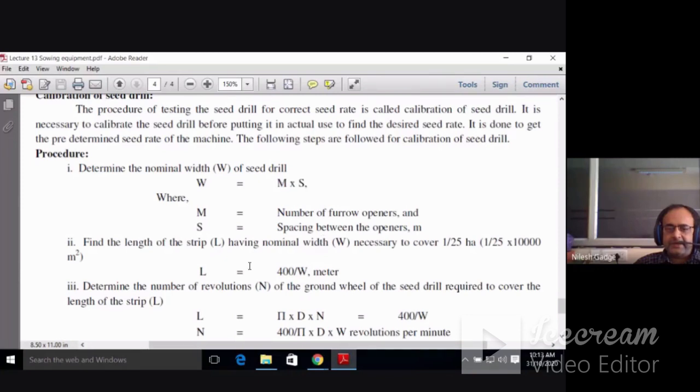So this is the length of the strip. The area for that length is 1/25th of a hectare, 400 square meters, and when it is divided by W, we get the length of the strip.